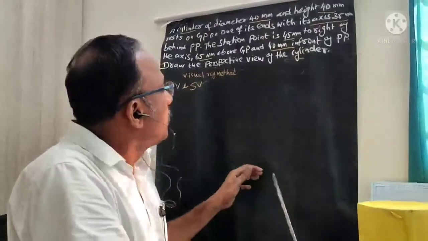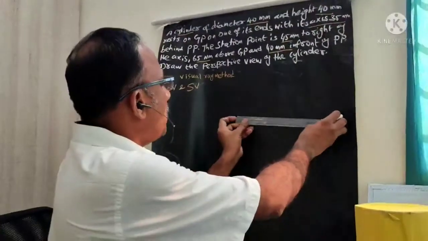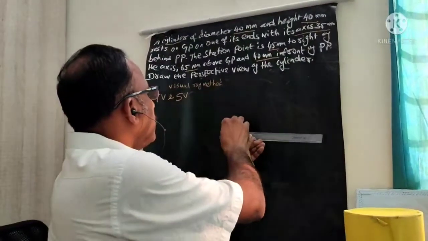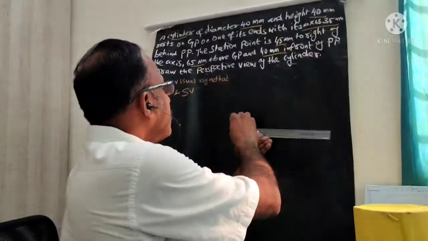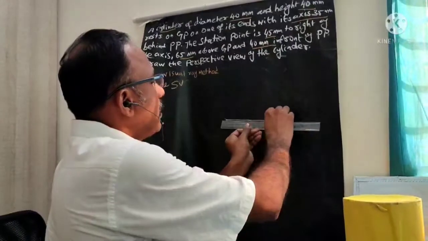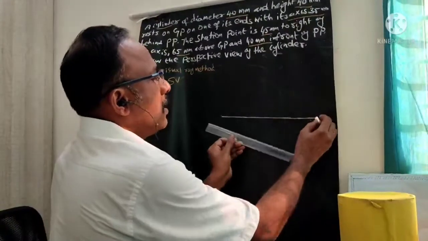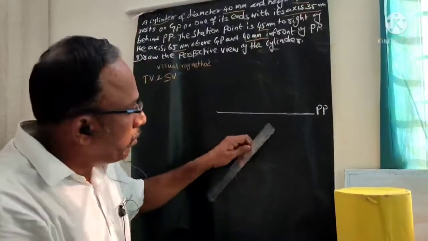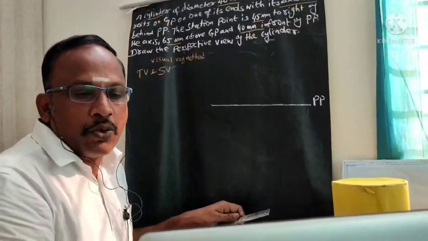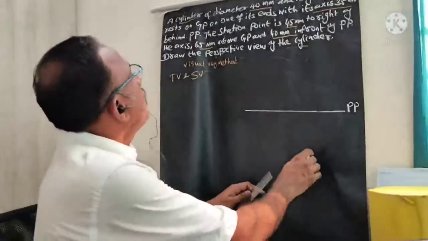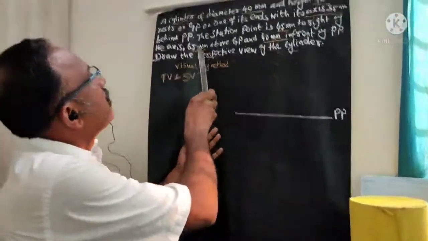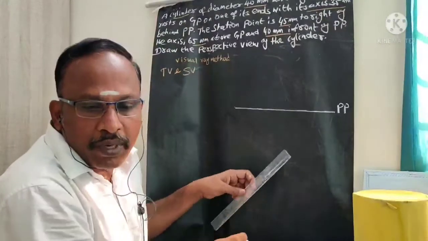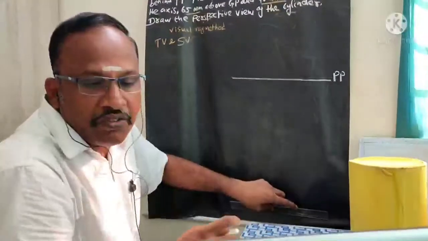So first step, we need to draw one PP line. PP is the reference line. Then I need to draw one GL line, the ground line, whose distance should be more than 65 plus 40, so 105, plus 20 millimeter, so 125.